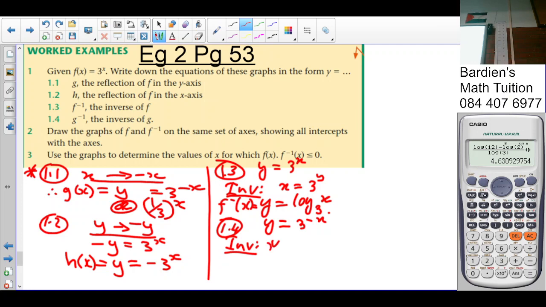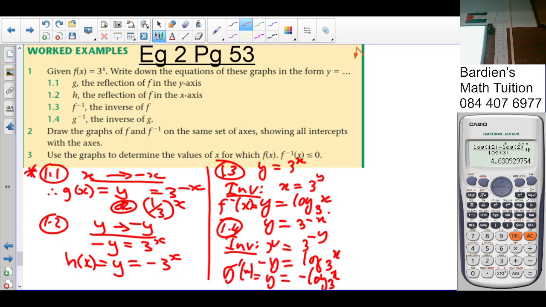So x is equal to 3 to the minus y. There we go. Make y the subject of the formula. So negative y is equal to log x, base 3, which is y is equal to negative log x, base 3, which is the inverse function of g of x.